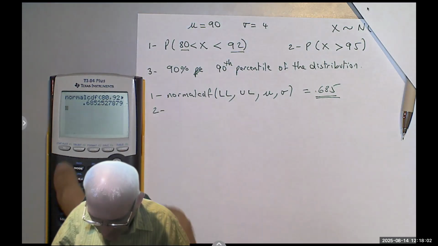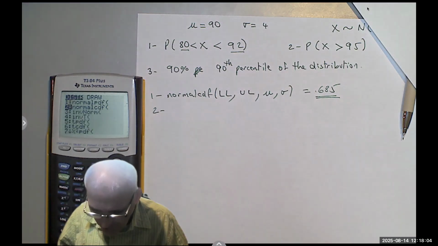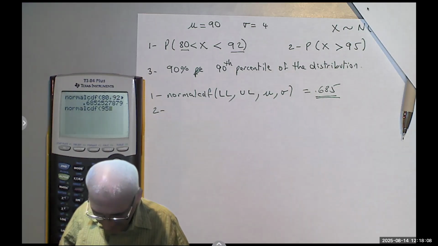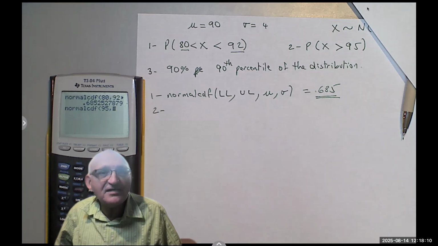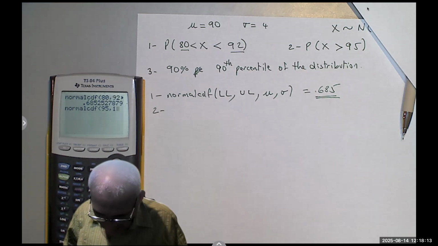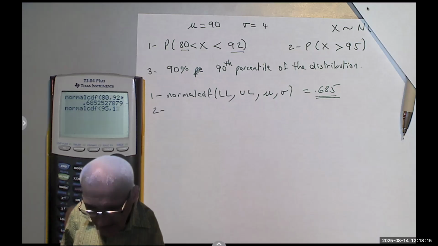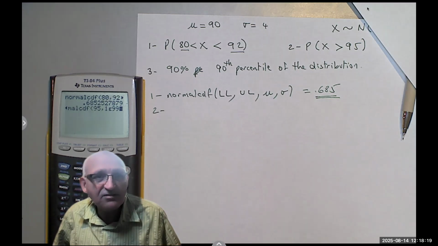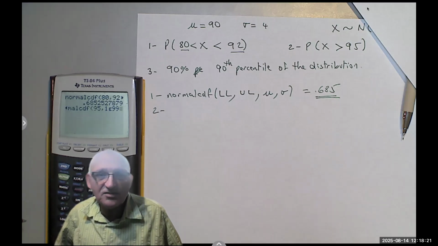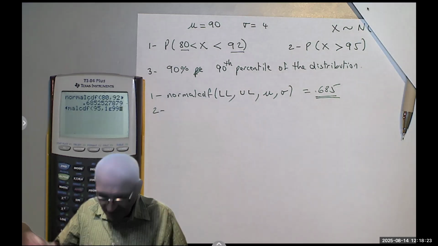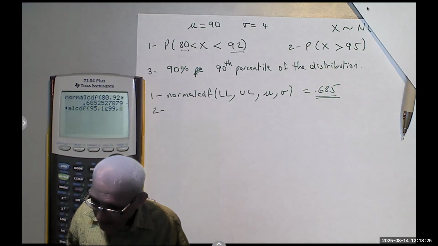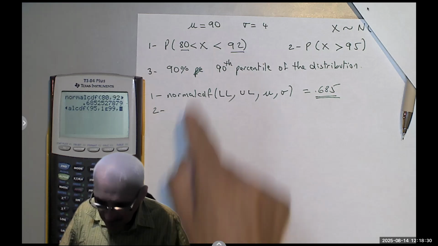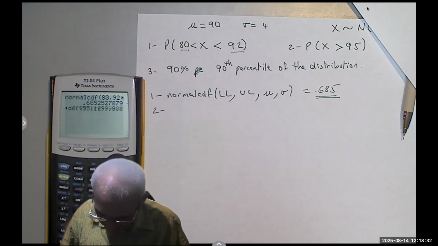Well, it turns out that what you need to do is to enter 95, and for infinity, you can write 1E99. That's the highest you can get in the calculator. So you're going from 95 to infinity, comma, again, 90, comma, 4.